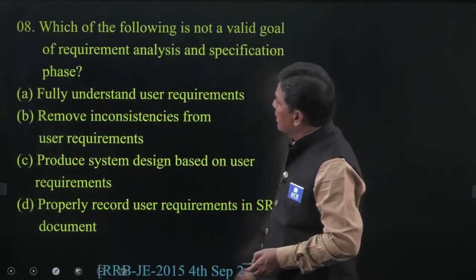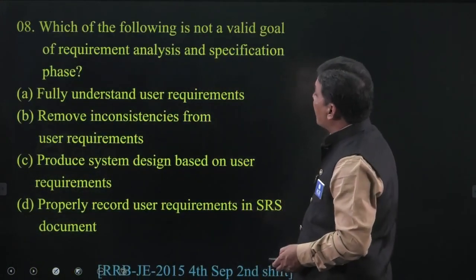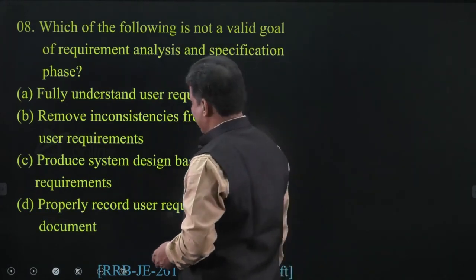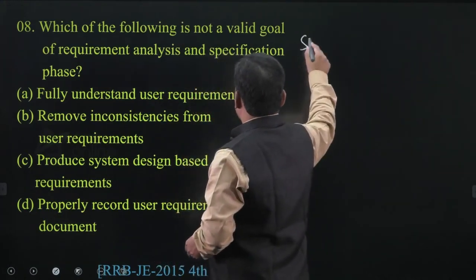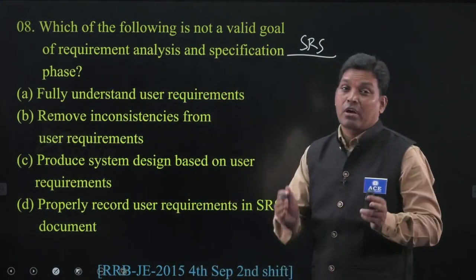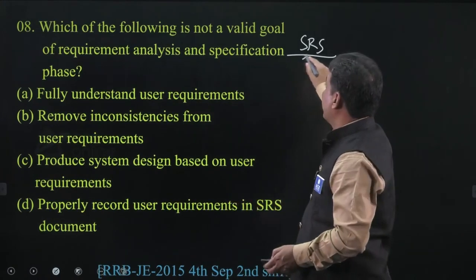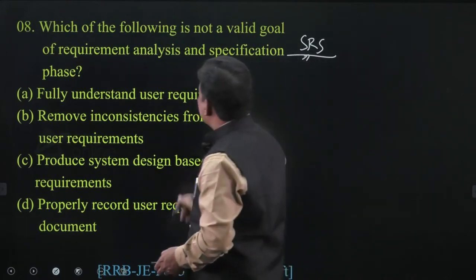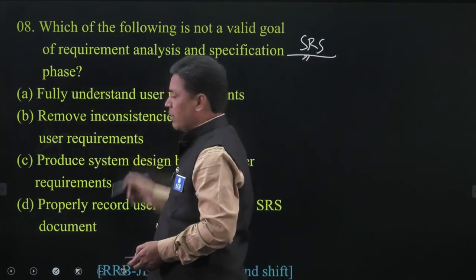Right. Next question, which of the following is not a valid goal of the requirement analysis and specification phase? Requirements analysis and specification means SRS. Which one is not a goal of the software requirement specification document, which consists of client requirements and project strategies? Fully understanding user requirements: yes, that is a goal of the SRS.